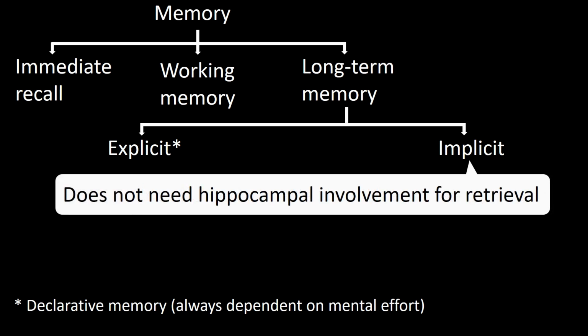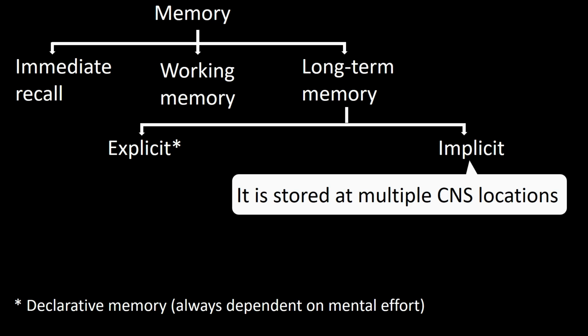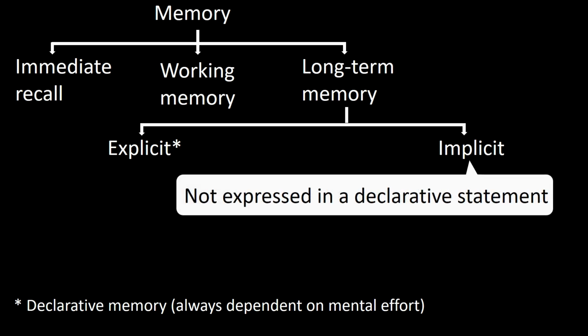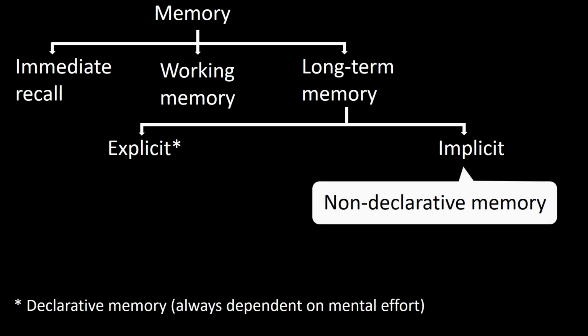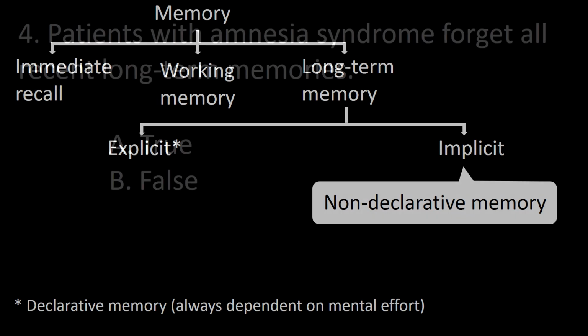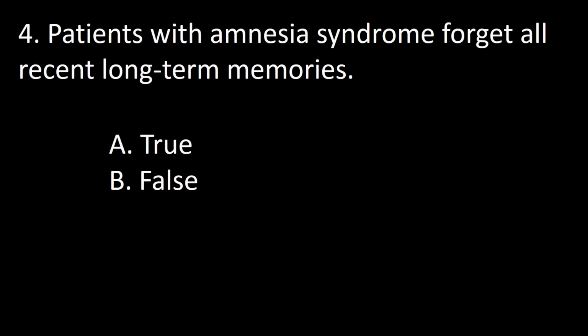It does not need hippocampal involvement for retrieval, and it is stored in multiple CNS locations, not only in the cerebral cortex. Implicit memory cannot be expressed in a declarative fashion. Hence, it is also called non-declarative memory. So the answer to this question is false.